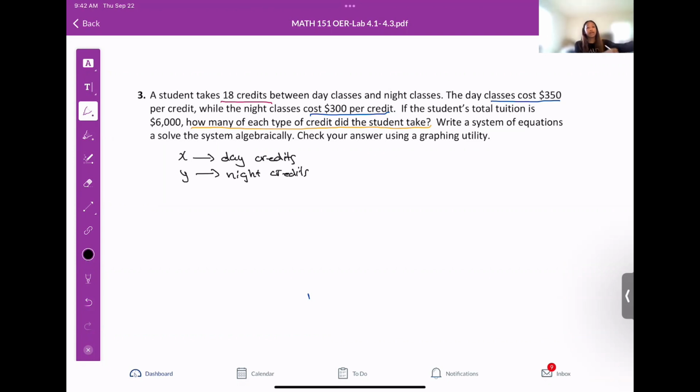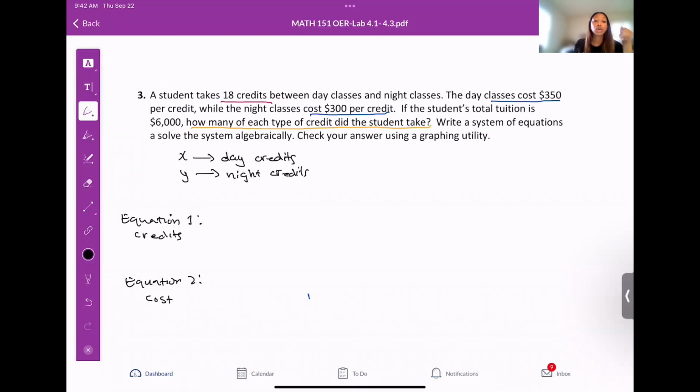But when it says we find how many of each type, we have 2 things that we don't know. So we have to figure out how many days and how many nights. Those are 2 unknowns, X and Y. All right, then we can write out 2 equations. Our first equation is going to be based on the number of credits. And then our second equation is going to be based on the cost.